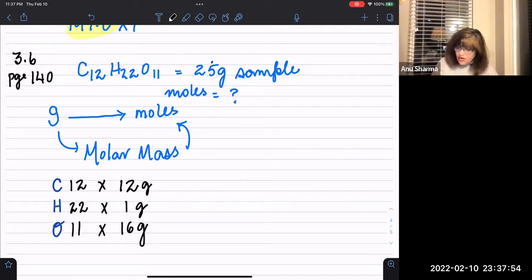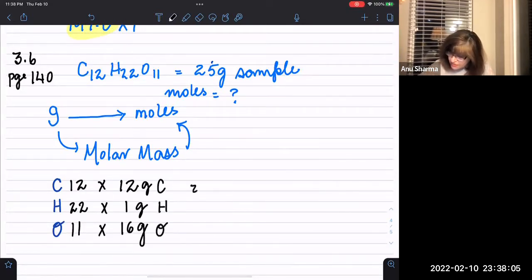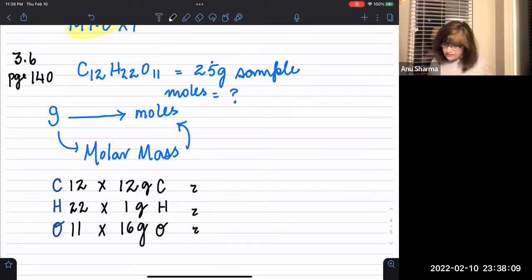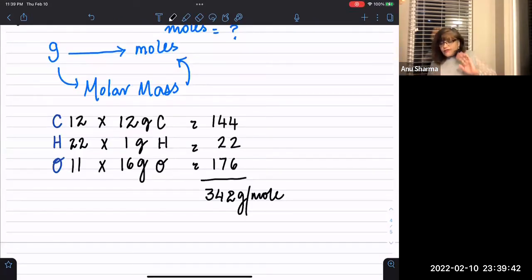So 12 carbons times 12 is 144, plus 22, plus 176. That comes out to be 342 grams per mole of C12H22O11.